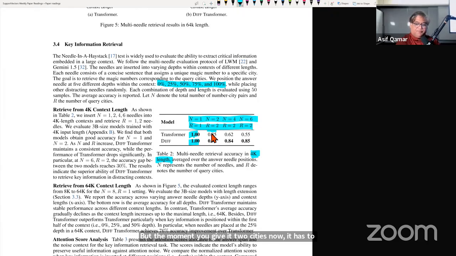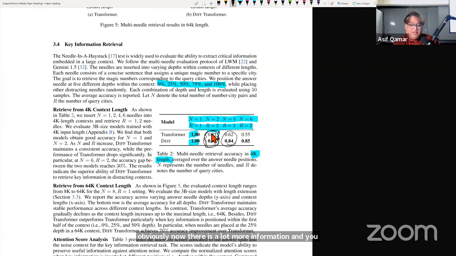You notice that right away, this performance gap begins to show through. Then if you give it 4 needles but ask for 2 cities, there is a lot more information and you have to have a very high signal to noise ratio to catch the right thing.